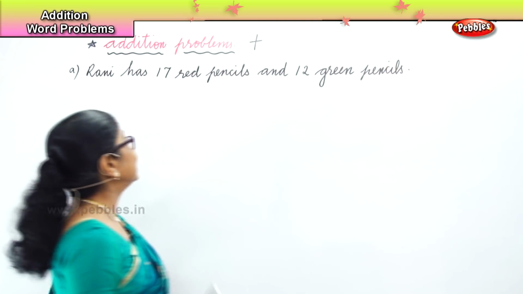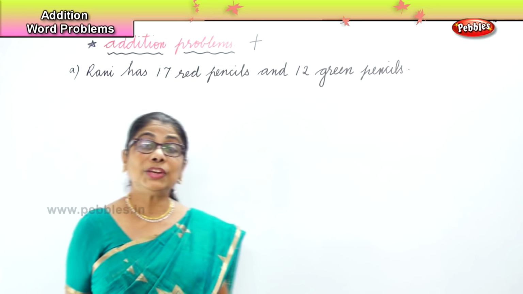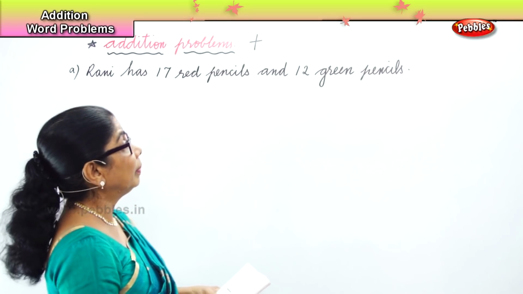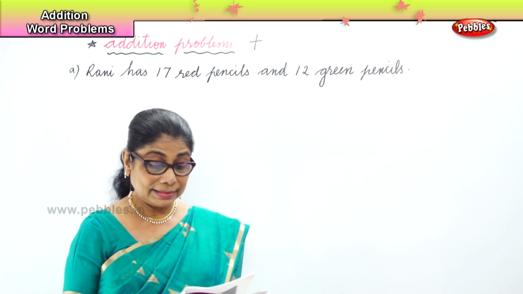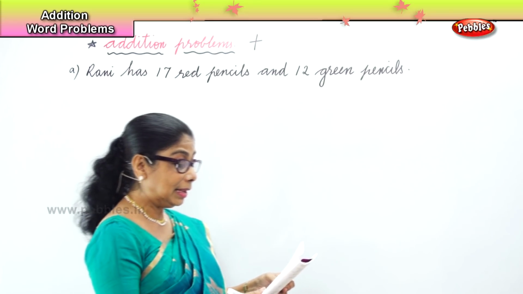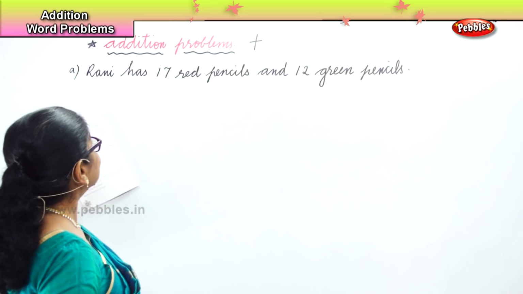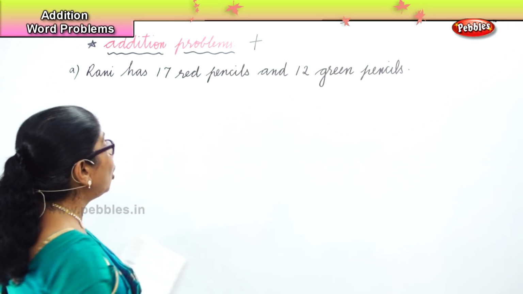So, Rani has 17 red pencils and 12 green pencils. Now, the question here is, how many pencils does Rani have in all?